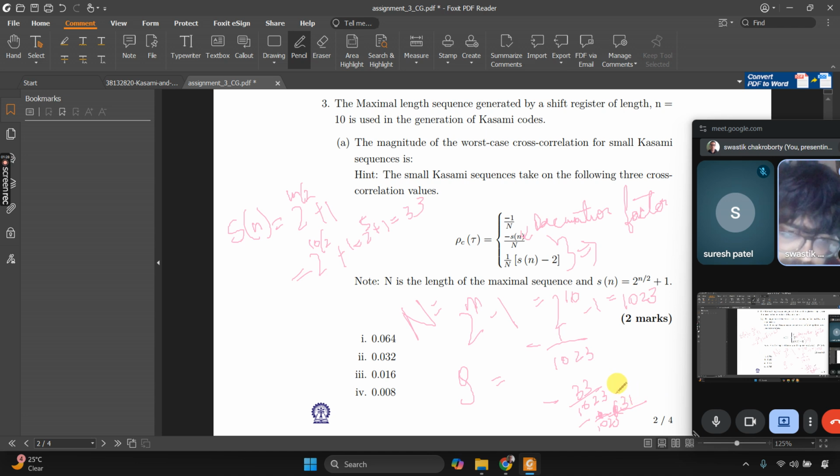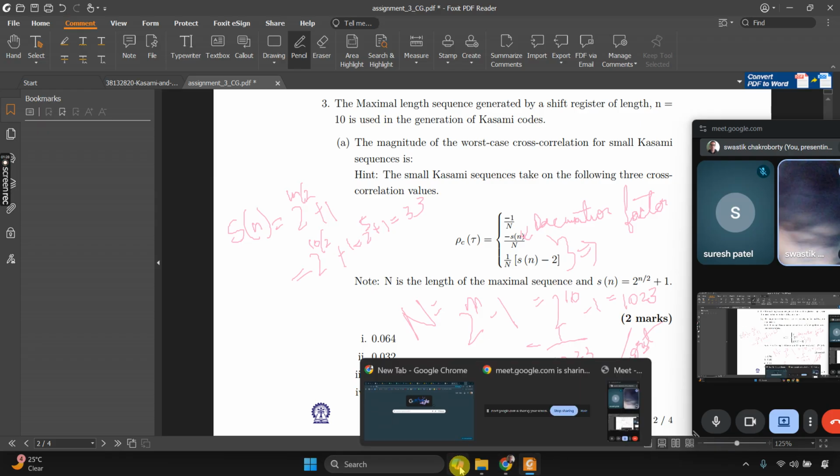Worst case means largest magnitude. Here the negative sign is inconsequential, because correlation is similarity, and whether the similarity is positive or negative is immaterial. The similarity magnitude matters. So 33 by 1023 is the worst case.